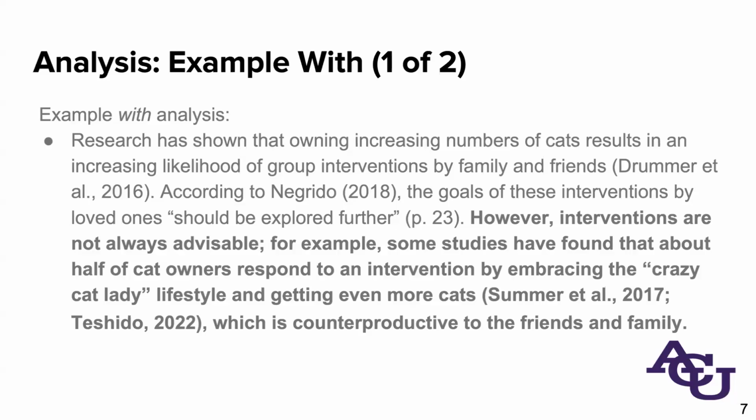And then it backs up that claim with this statement: "for example, some studies have found this thing," and we can see two supporting citations for that. And then they comment that, yes, they're getting even more cats. Embracing the crazy cat lady lifestyle isn't helpful if the friends and family are trying to get them to not have more cats.